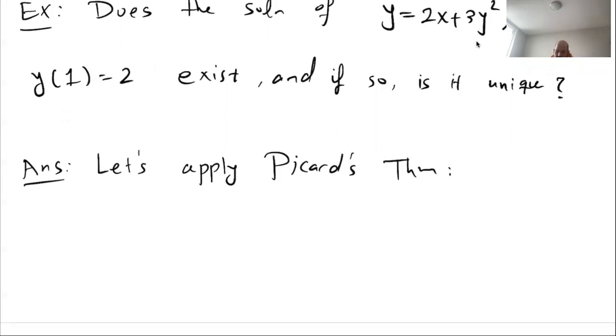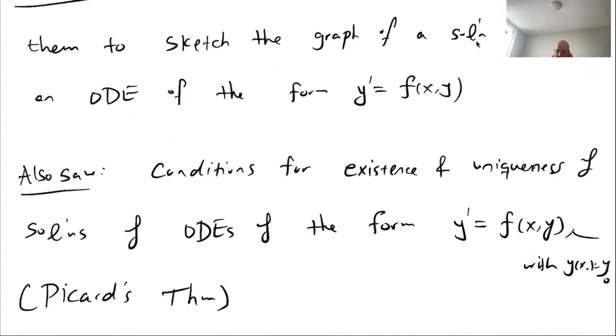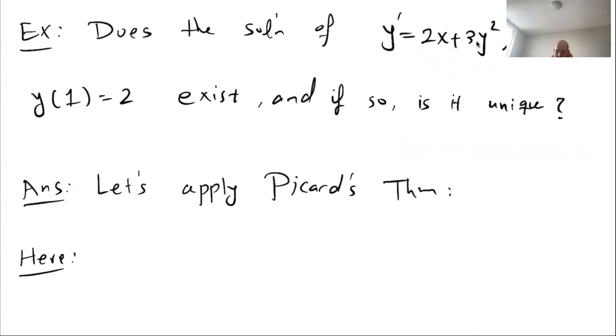So what is f of x and y here? Remember, our reference form is an equation of the form y prime equals f of x and y. F of x and y equals 2x plus 3y squared.